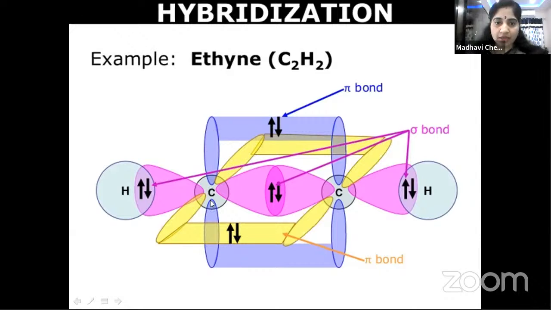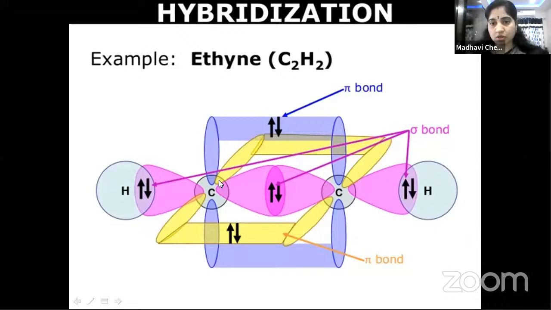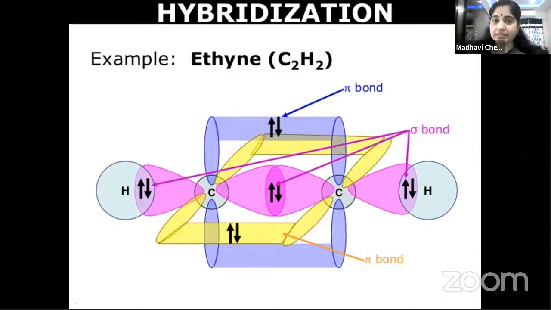This blue colored dumbbell shape is one unhybridized p orbital, and this yellow colored dumbbell shape is another unhybridized p orbital. These two p orbitals, 2px and 2py, are perpendicular to the plane, they overlap in a sideways manner and give pi bonds.